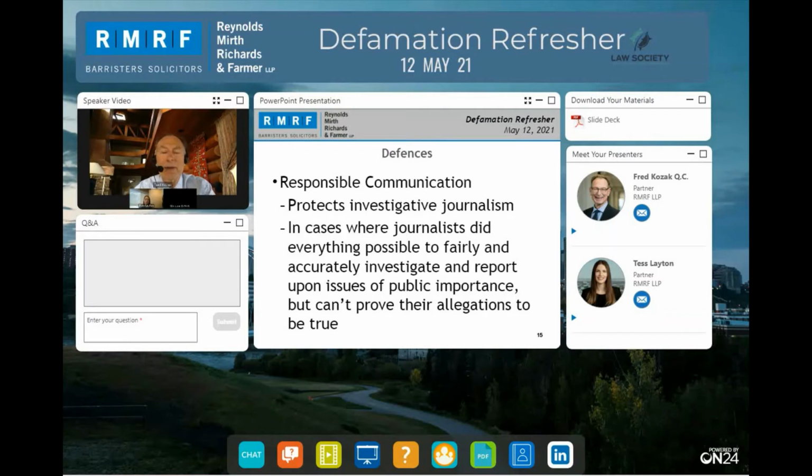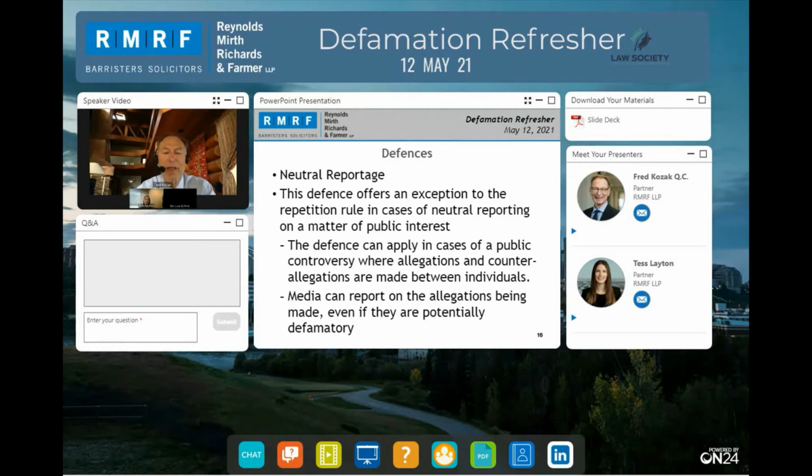And either an offshoot of the responsible communication defense or a separate defense, the jury's still out on that, is neutral reportage.